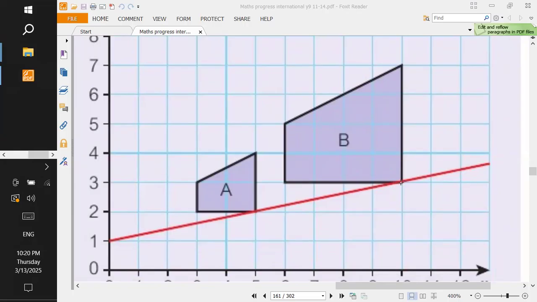Corresponding points means the same points on different shapes. For example, this one is on the right of the base, and this one is on the right of the base, so I connect them together like this. This point is on top right, this one on top right, so I connect them together.